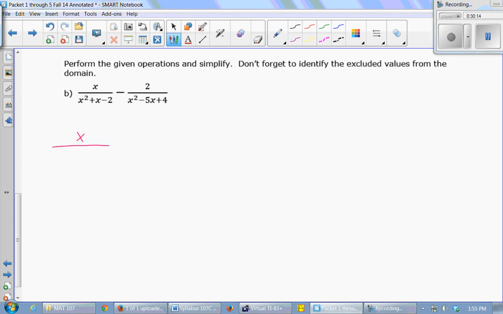So I've got x over the factored x squared plus x minus 2, which is x plus 2, x minus 1, and then minus 2 over x squared minus 5x plus 4, which is x minus 4, x minus 1.